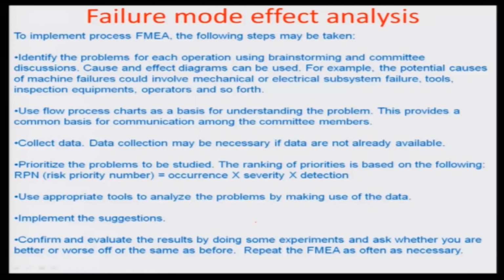So we will do that, but prior to that, let us actually study how the ranking is done. So principally, the implementation of the FMEA process necessitates the following steps. Okay. First of all, you are identifying the problems for each operation, and that can be identified mostly at the local level.